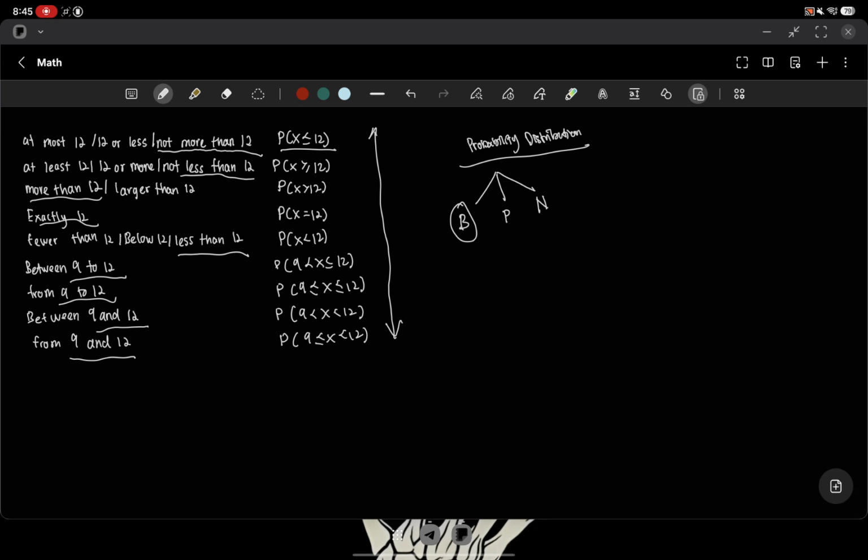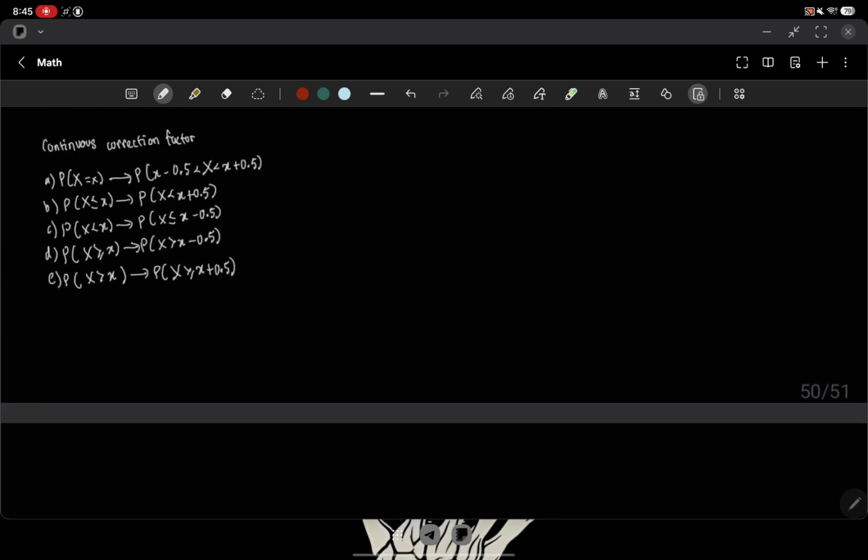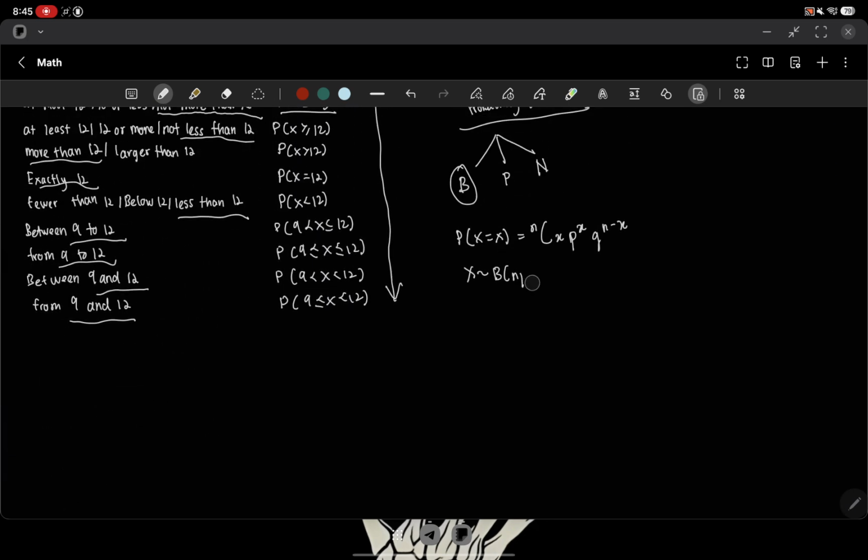Then what is binomial distribution? In order to be familiarized with a binomial distribution, you need to be familiarized with this equation. We write it as NP.